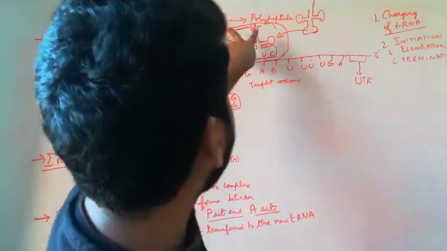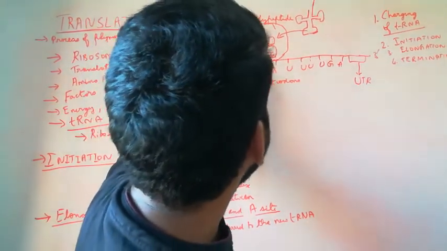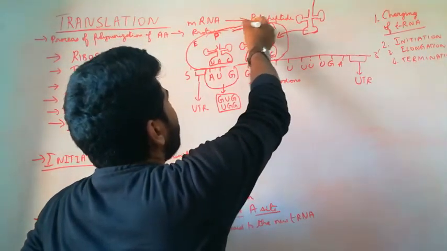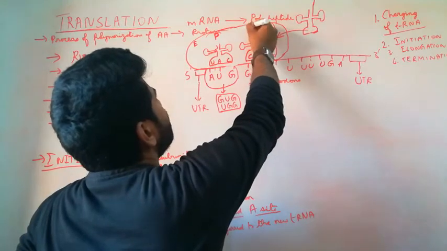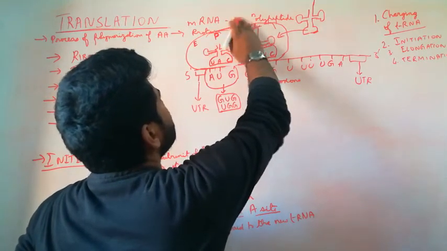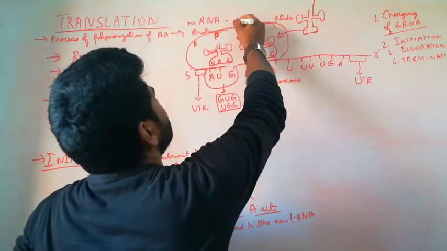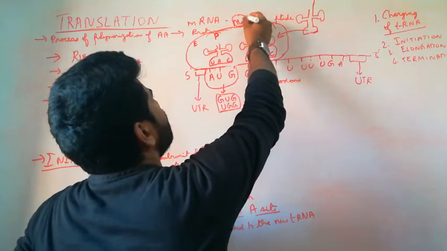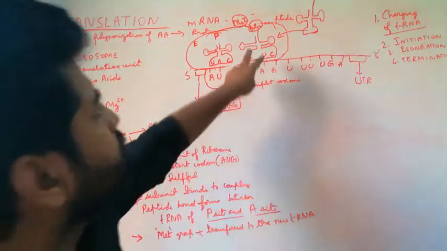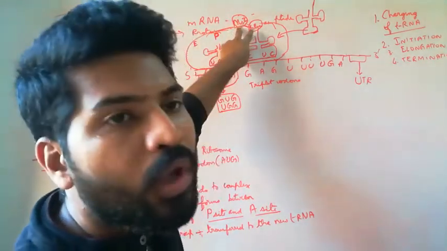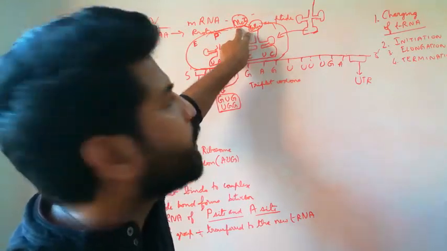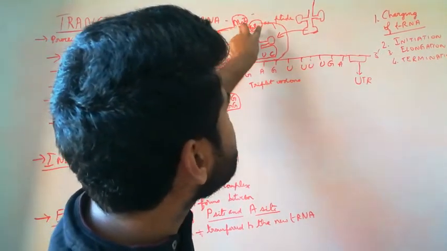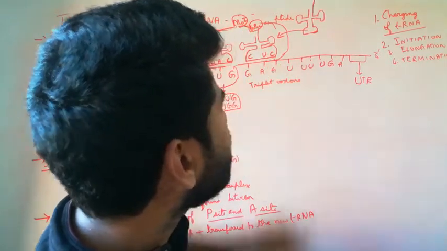So once the bond is formed, this methionine will be discharged from here and it will come and form a bond over here. So now what we have is a small dipeptide molecule containing two amino acids. So this methionine is now bound to the A site.